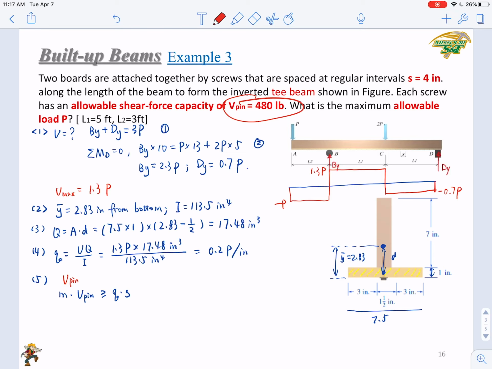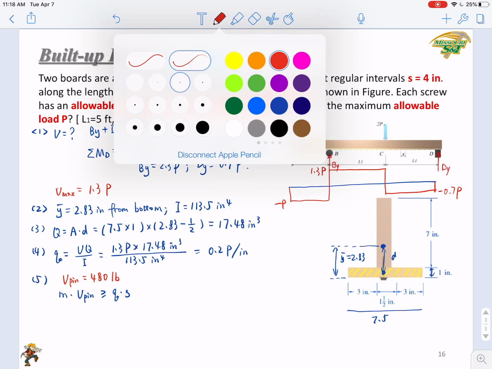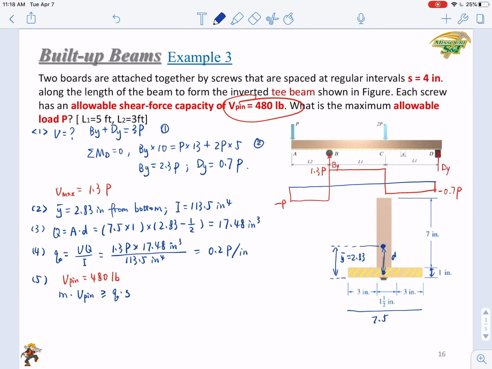The V pin is 480 pound. So here we can write that the q is smaller than M V pin over S.